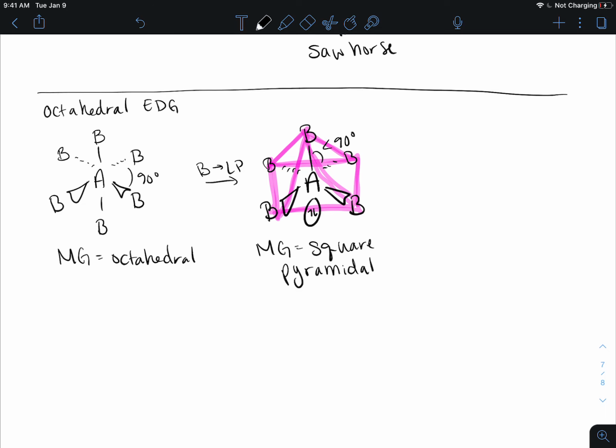Okay, and then replace again. Whenever we're replacing our second atom with a pair of electrons, we want to minimize repulsion, so it'll go 180 degrees away from the first one.